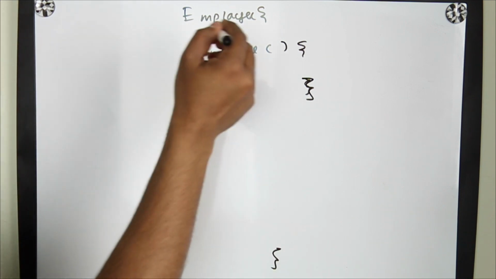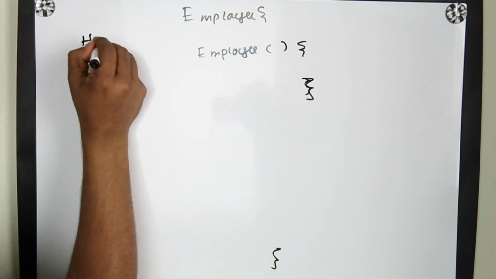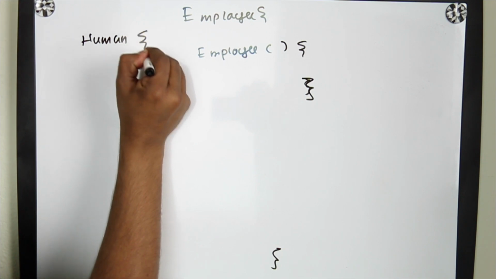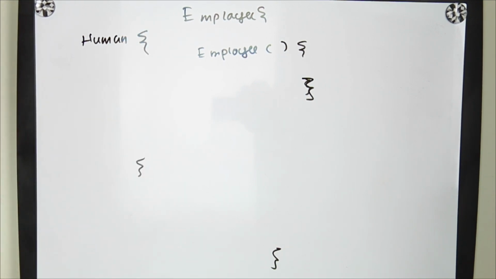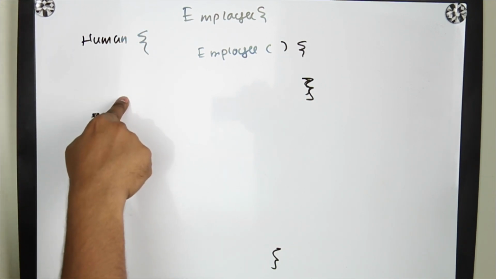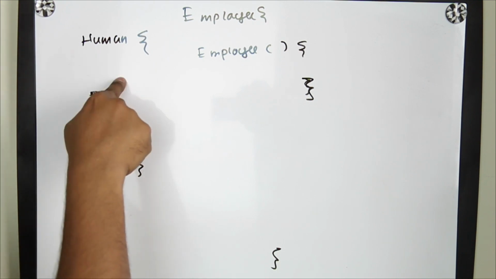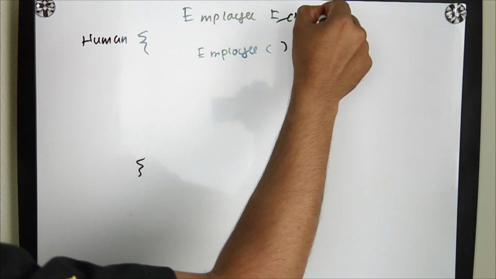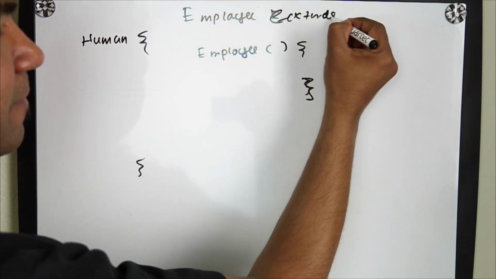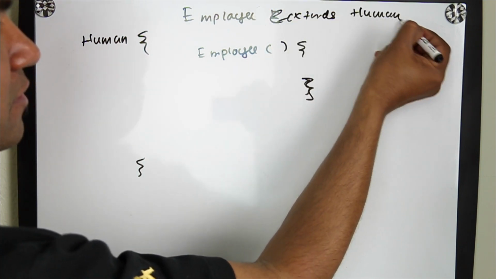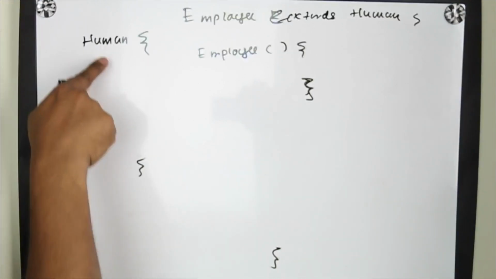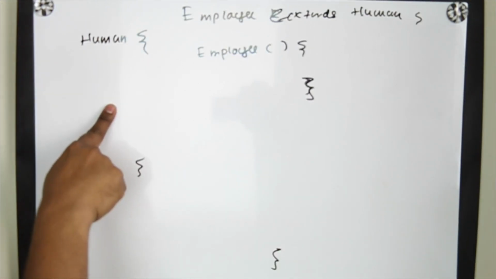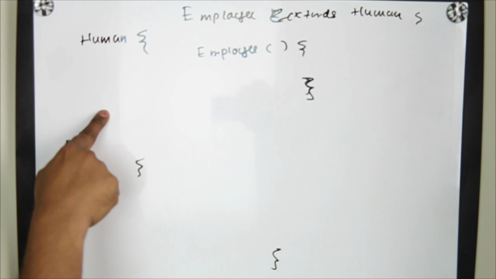For example, let's say you have Human as a parent class. If you have not created any constructor there, that's fine, because the Employee class extends Human and JVM will create a constructor.